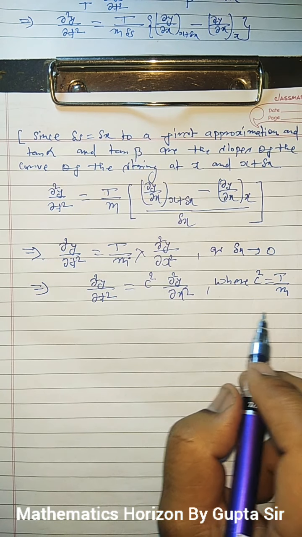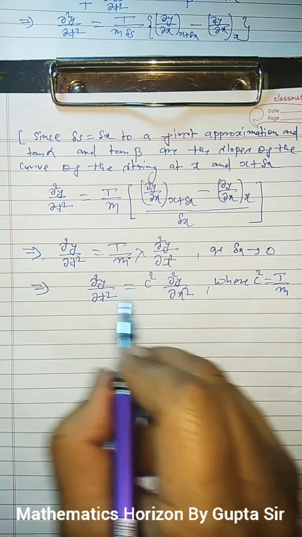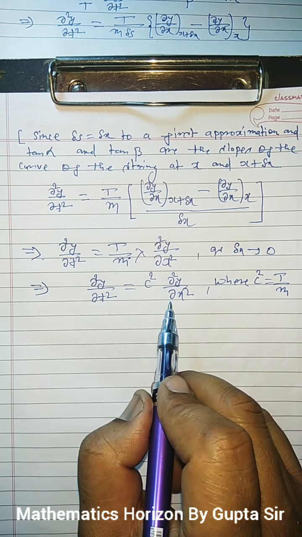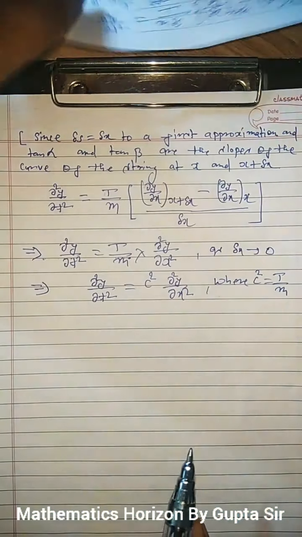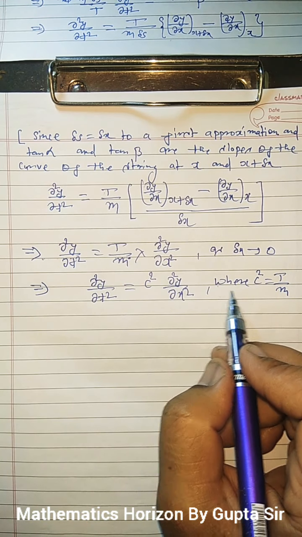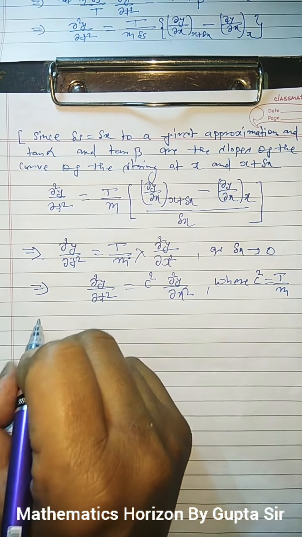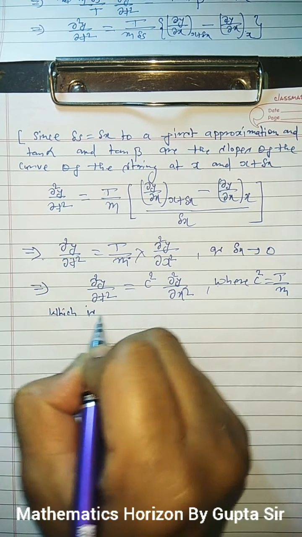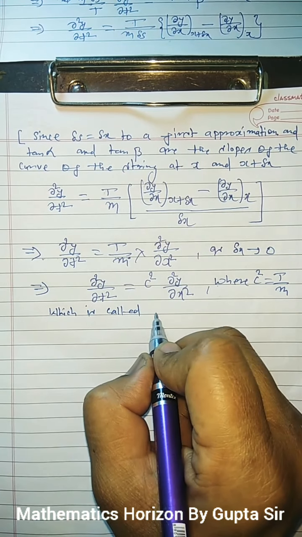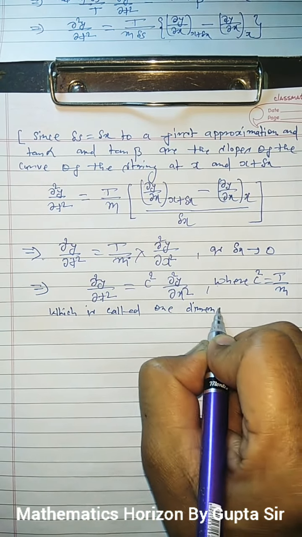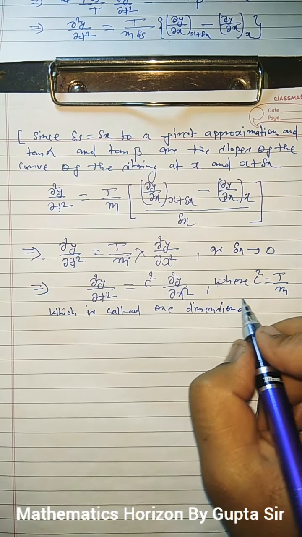It is also called one-dimensional wave equation. What is this? This is the partial differential equation giving the transverse vibration of the string. Transverse vibration of this string. And it is also called one-dimensional wave equation.